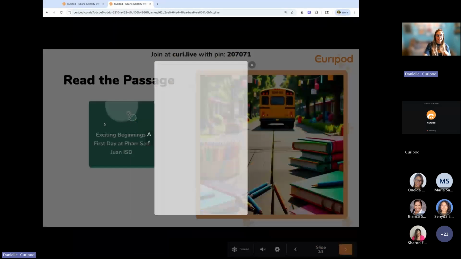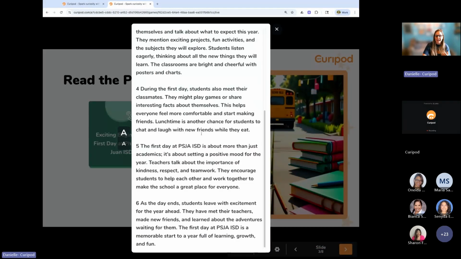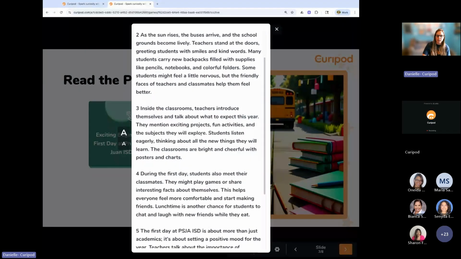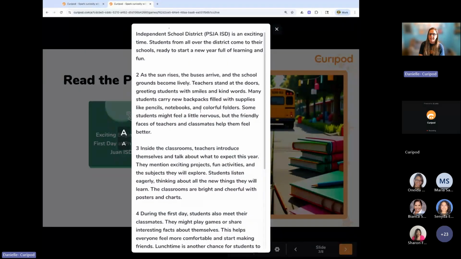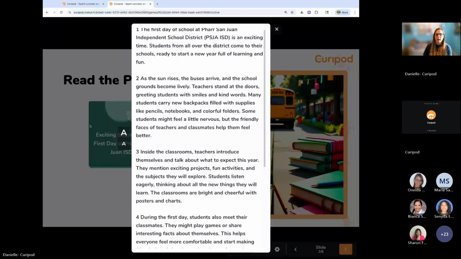So we're going to read this passage. And again, I think we picked, what did we pick? 5th grade. So this is a 5th grade aligned lesson here. And you guys have an opportunity to read it on your own. If you notice on the left-hand part of your screen, you have a materials button. Click materials, and you can open up the passage that way as well.